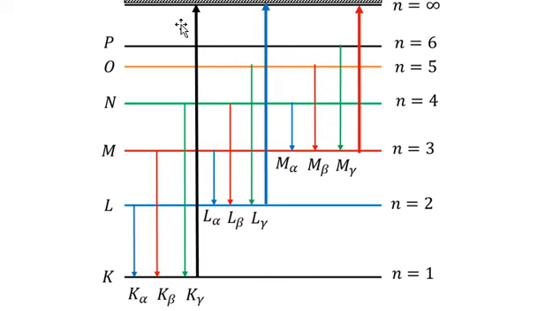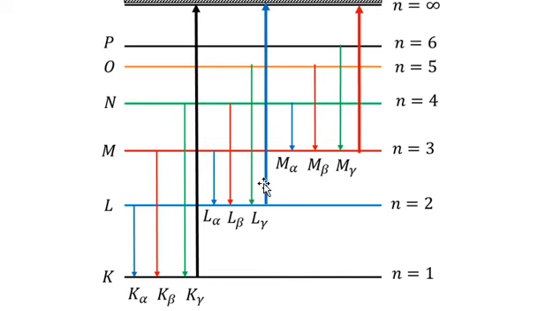If an electron is moving from an n equal to infinity shell, but still a part of the atom, to fill the vacancy in the K shell, then the quantum of energy released will be very powerful, and that will give you the K edge photon. The K edge quantum of X-rays will be the most powerful photon emitted in the K series, and the corresponding wavelength will be very small.